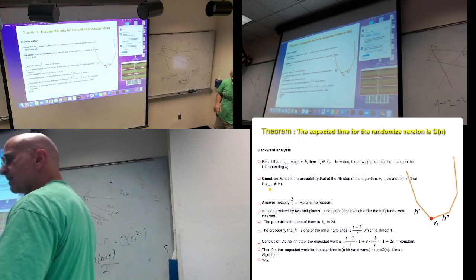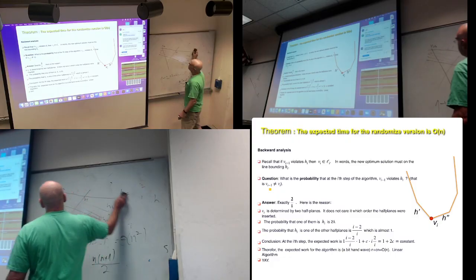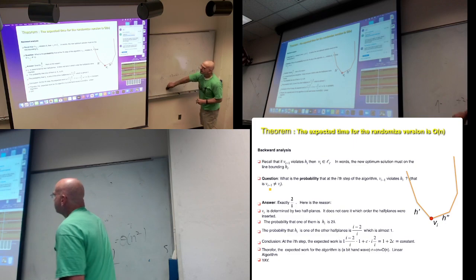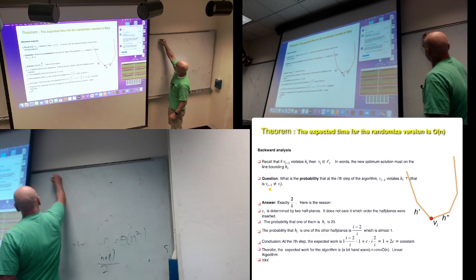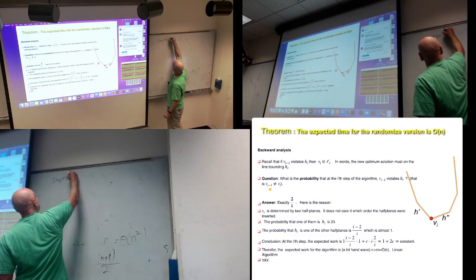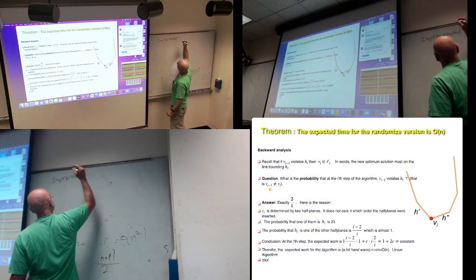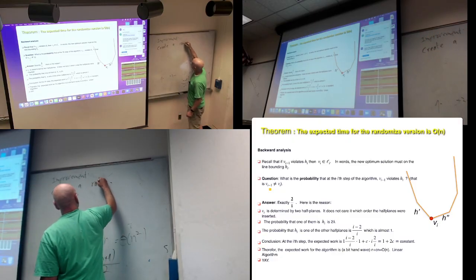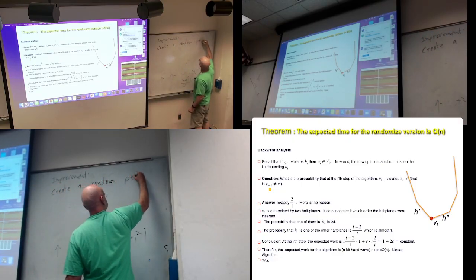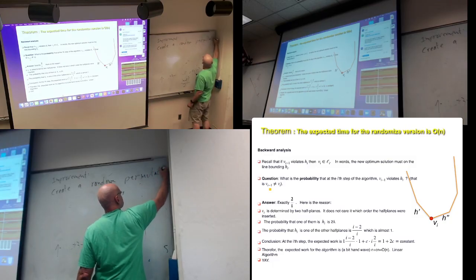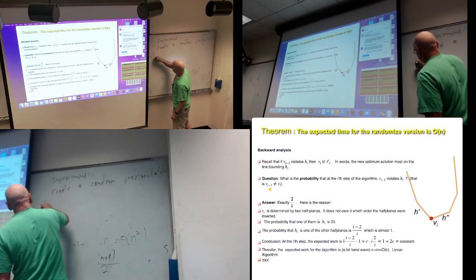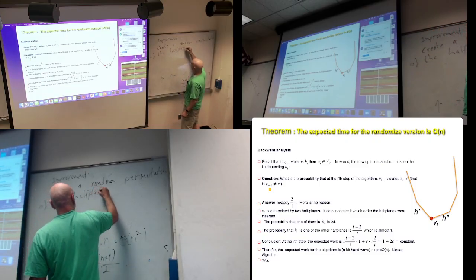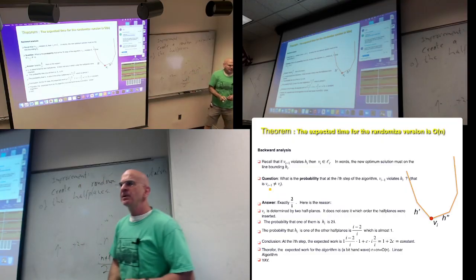Instead, I'm going to insert the half planes, but before that, create a random permutation of the half planes.